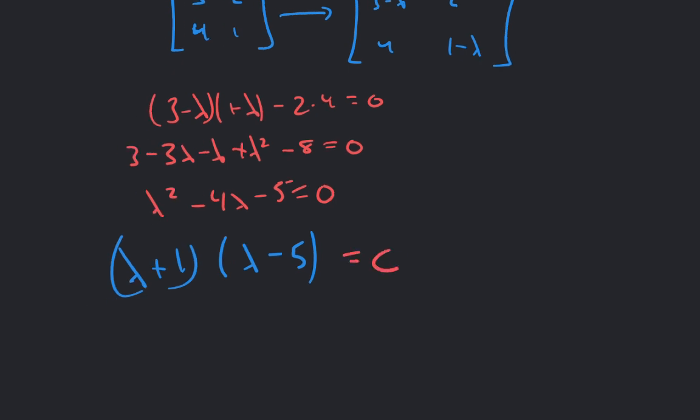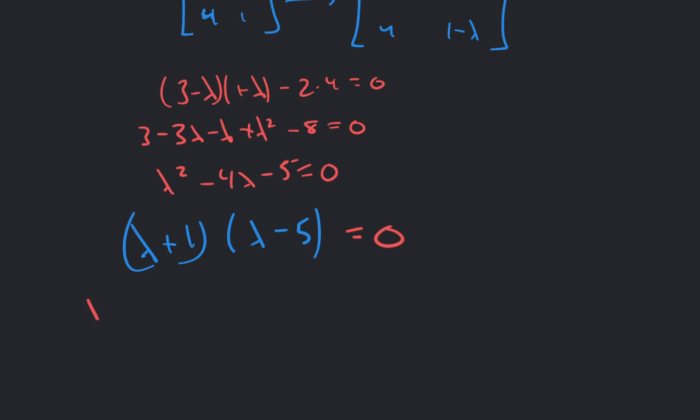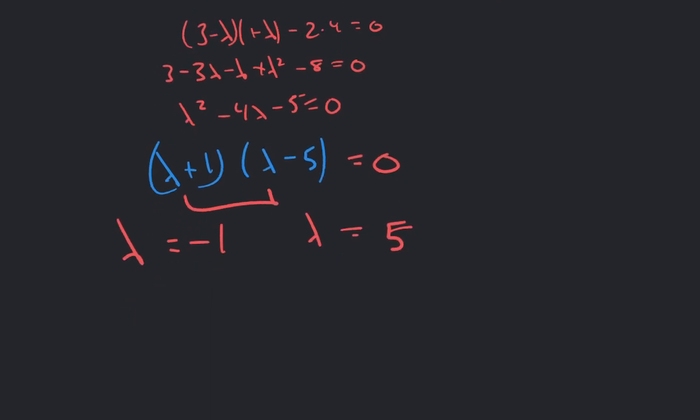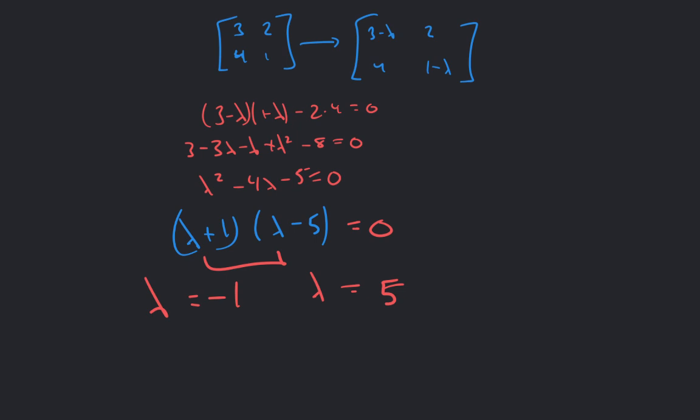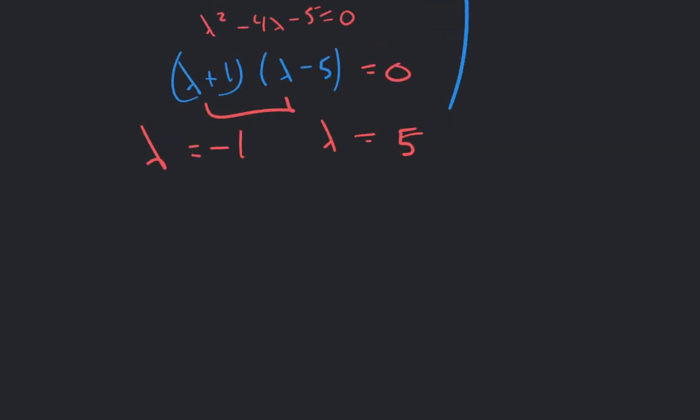Now remember, that's equal to 0, so we have lambda is equal to negative 1, or lambda is equal to 5. Because we solve these individually, this is what we get. So 2 eigenvalues as we are expecting. So now we plug this back into the eigenvalue matrix to get the eigenvectors.